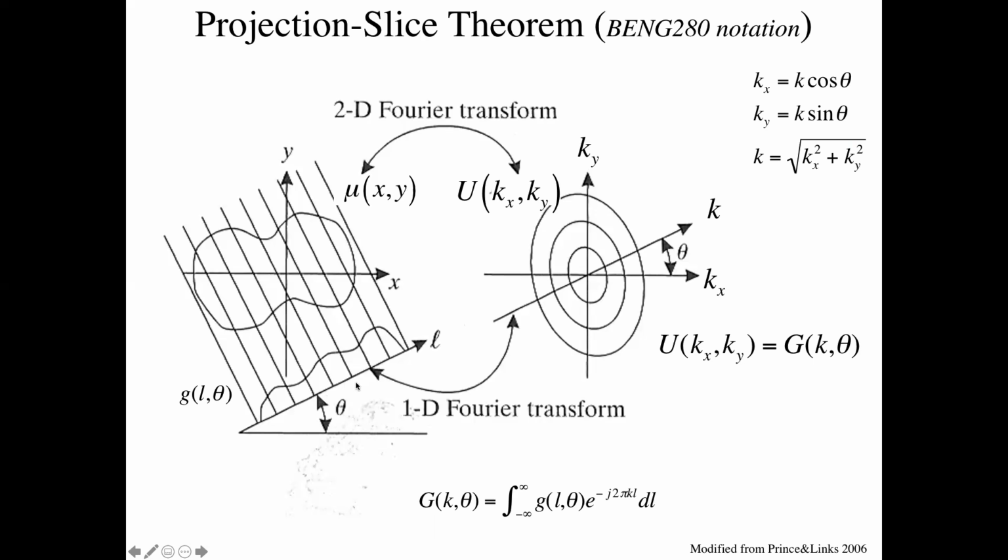If I take the Fourier transform of this one-dimensional function, I get another one-dimensional function, and it turns out that that one-dimensional function is a sampling of the Fourier transform of the image at that angle in Fourier space. That to me is not intuitive.